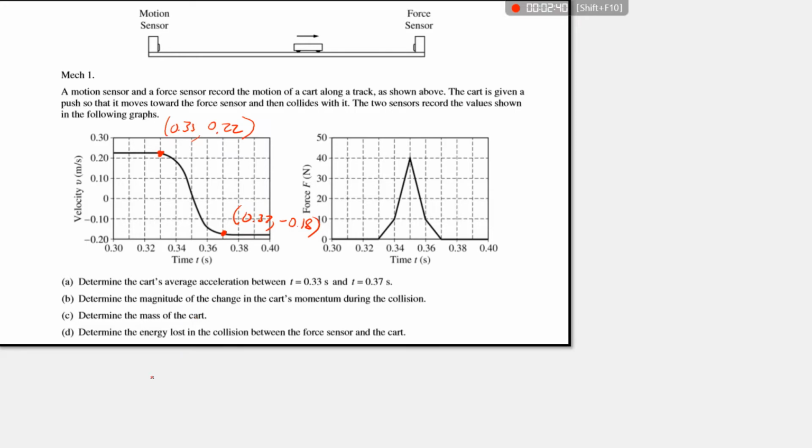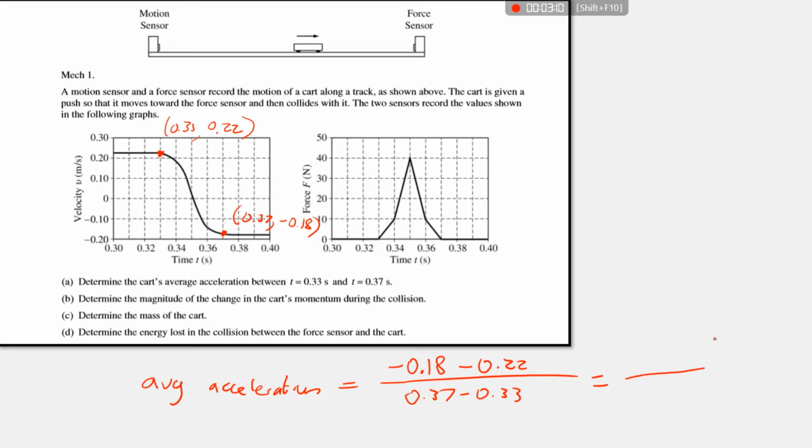Find the slope. So minus 0.18 minus 0.22 divided by 0.37 minus 0.33. Then use a calculator to find it.